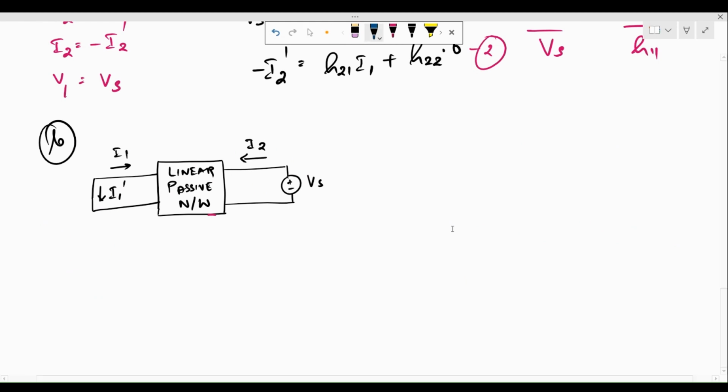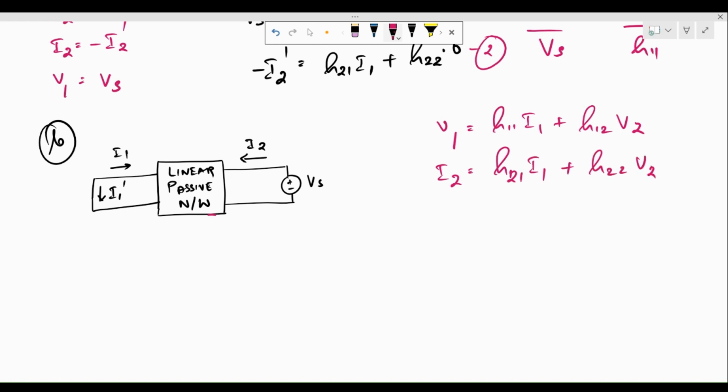Now incorporating the second scenario into our H parameter equations. Let me write out the equations one more time. V1 is equal to H11 I1 plus H12 V2, and I2 is equal to H21 I1 plus H22 V2.